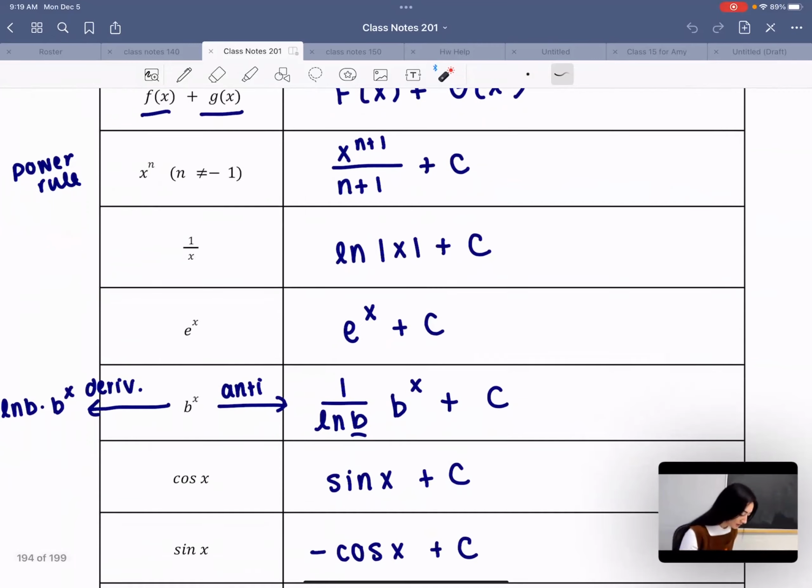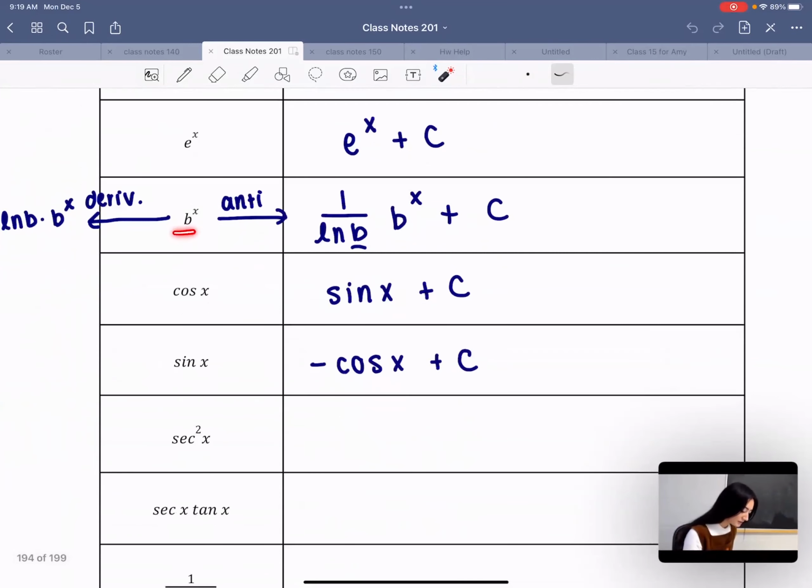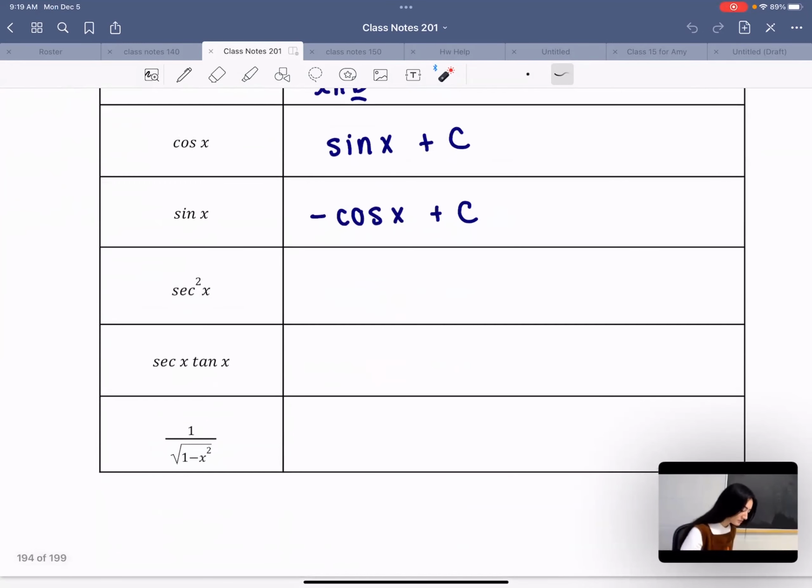We talked about natural log. e to the x is the same, and b to the x is kind of the same, except instead of multiplying, we're dividing. We talked about cosine and sine. Let's go through a couple more weird ones that I think are really important to notice. There are more antiderivative rules to know, but I think these are the more important ones that you'll see throughout Calculus 2.